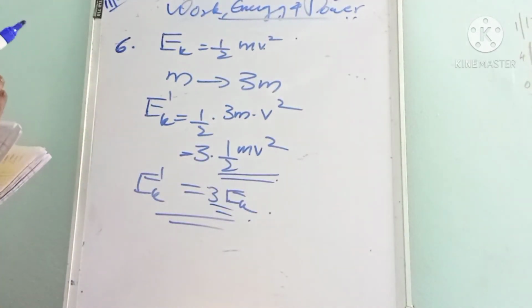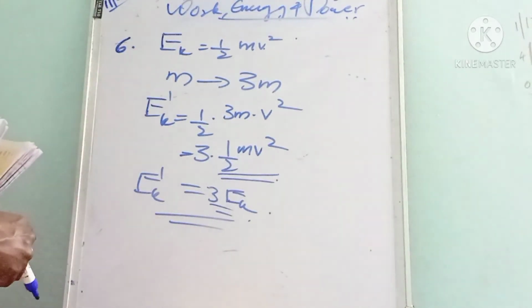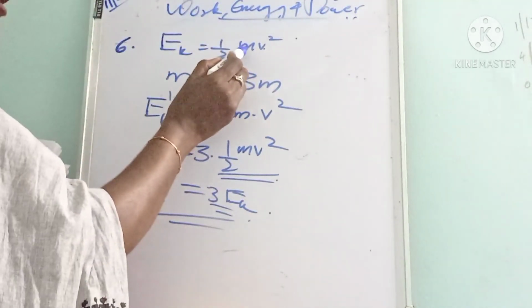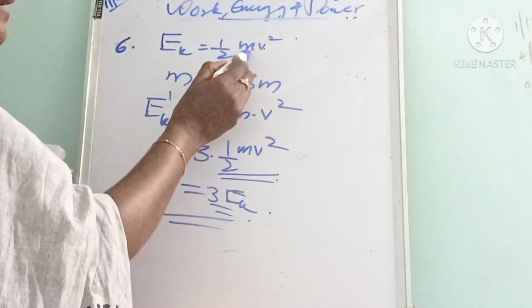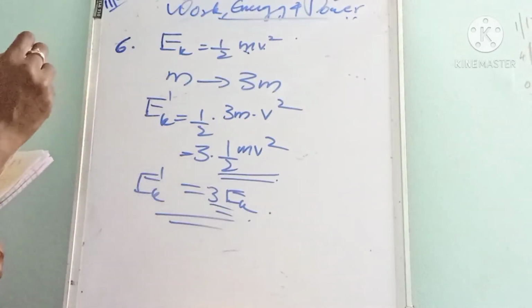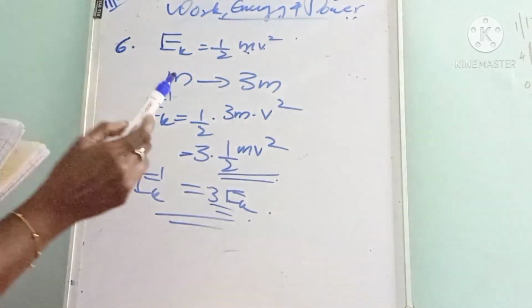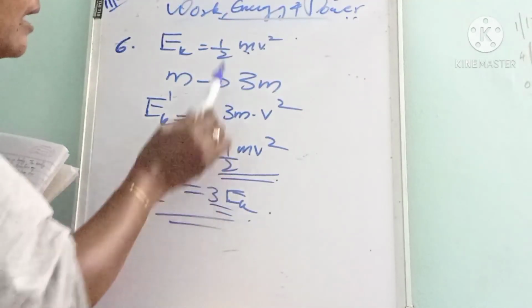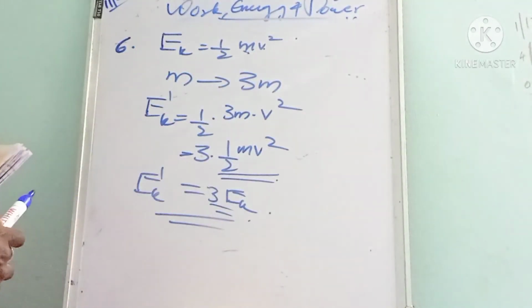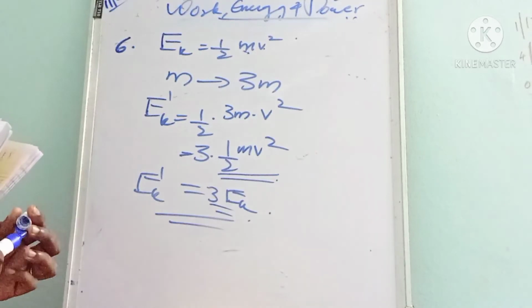That means if the mass of the object is tripled, the kinetic energy also gets tripled. Suppose the mass is m, the kinetic energy is half mv square. If the mass is tripled, the kinetic energy becomes 3 times the original value, that is 3 Ek.